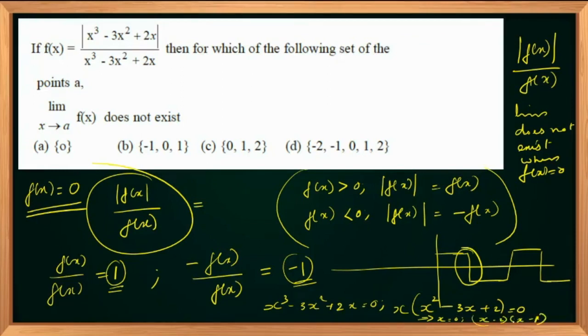So my points are 0, 1, 2. At these points, when x is 0, 1 or 2, the function becomes 0. So naturally at these points the limit does not exist. So option C is the correct answer.